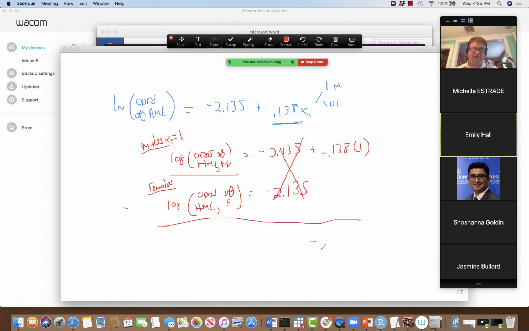And just like we said before, this slope is just the difference in whatever we're estimating, pardon me, for a 1 unit difference in our predictor. The only possible 1 unit difference is 1 to 0, males to females. So this equals the log odds for males, I won't write the whole thing, minus the log odds for females.